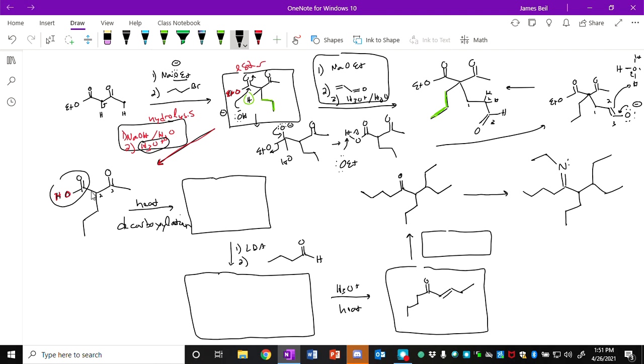So the way that works is this bond has to rotate. It would normally rotate anyway, because the large partial negative here is going to attract the proton of the carboxylic acid group.